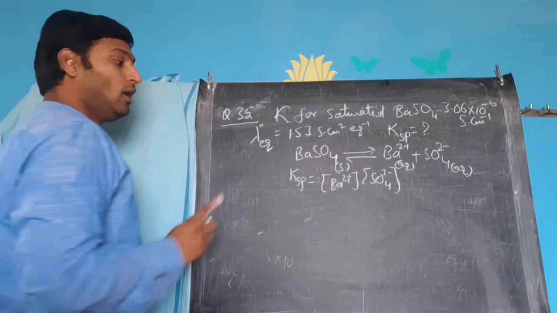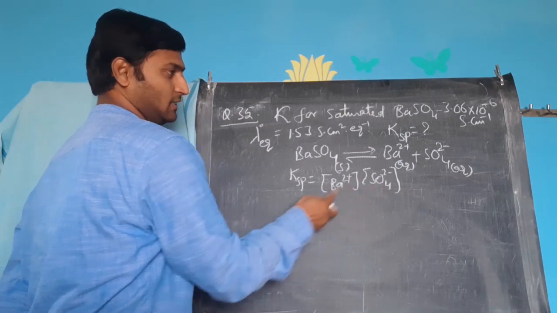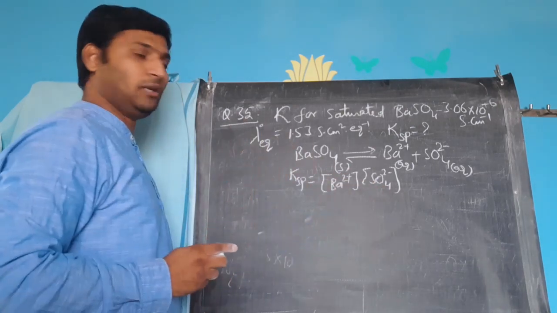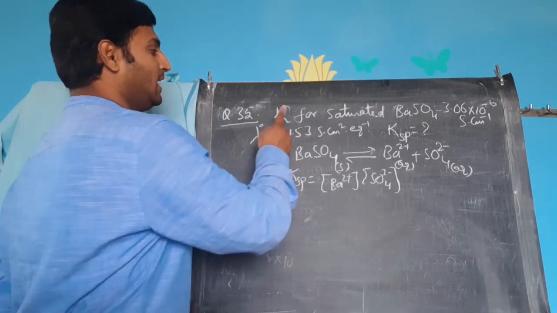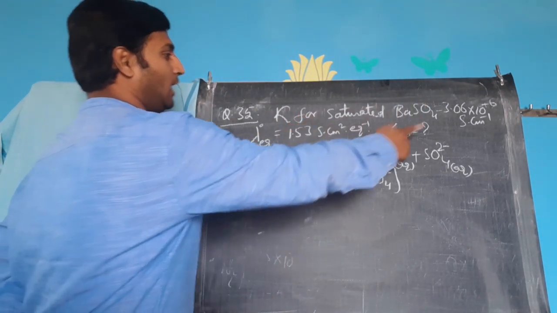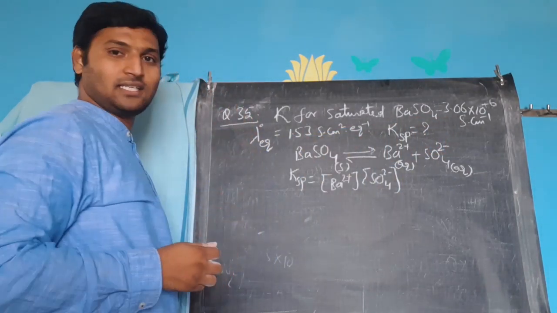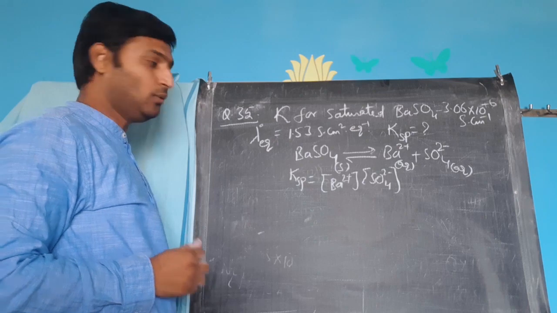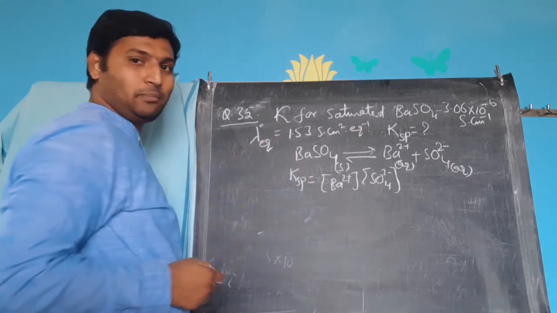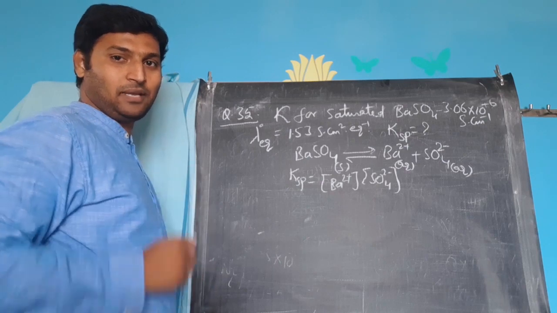So what you need is product of these two concentrations, that is your solubility product. Understood? Now he has given you kappa value, conductivity value, and lambda naught value he has given you. Now how do I get solubility product from these two values? Let me explain that.